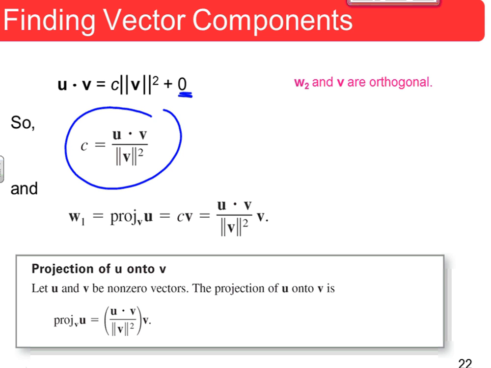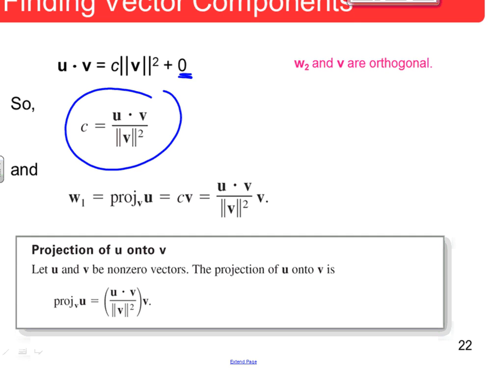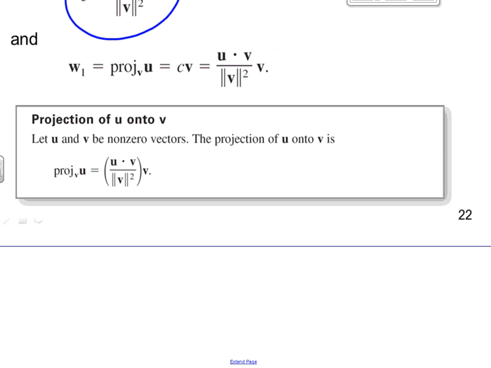From that little property from before, W1 is the projection of U onto V, and that's equal to C times V. So then we can turn it into this, and that is our new property, our new way of finding it.